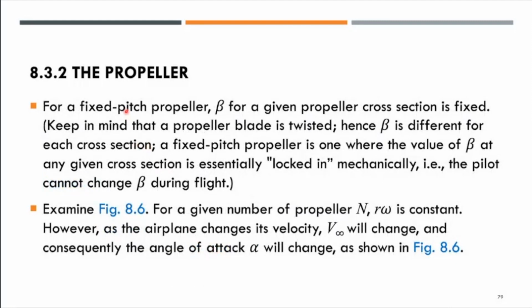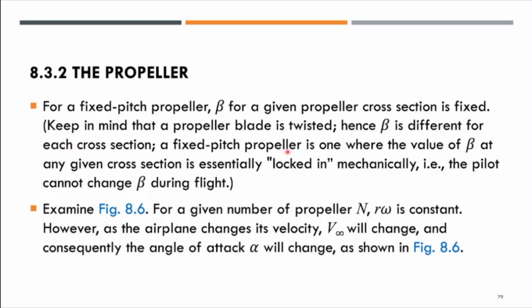So, in a given situation, for a fixed pitch propeller, beta for a given propeller cross section is fixed, and keep in mind that a propeller blade is twisted. Hence, the beta is different for each cross section because it is twisted. Right? So the pitch angle will be different.